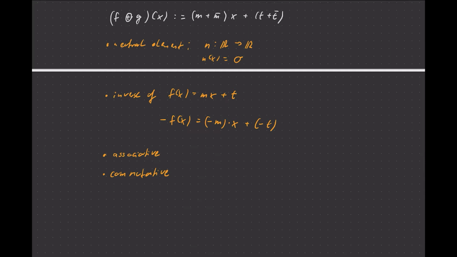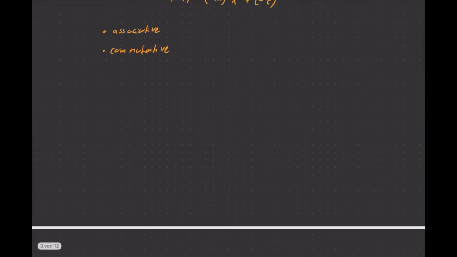So addition works. What about the scalar multiplication? We also need to define that. So given some lambda in R, and given some f of the form mx plus t, we need to define what we mean by the new function lambda times f.